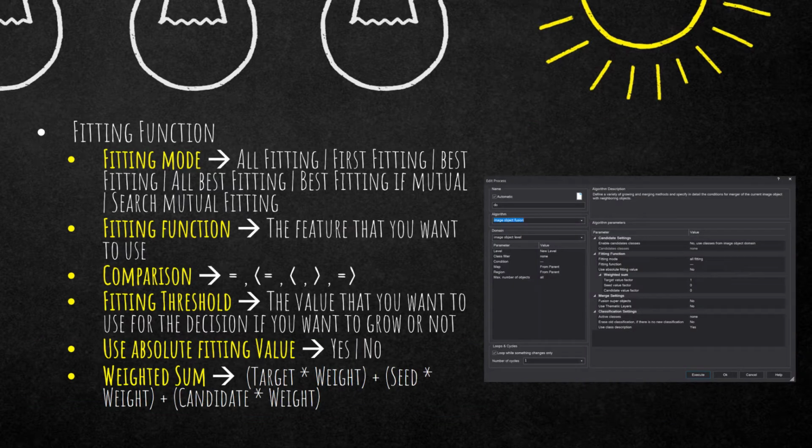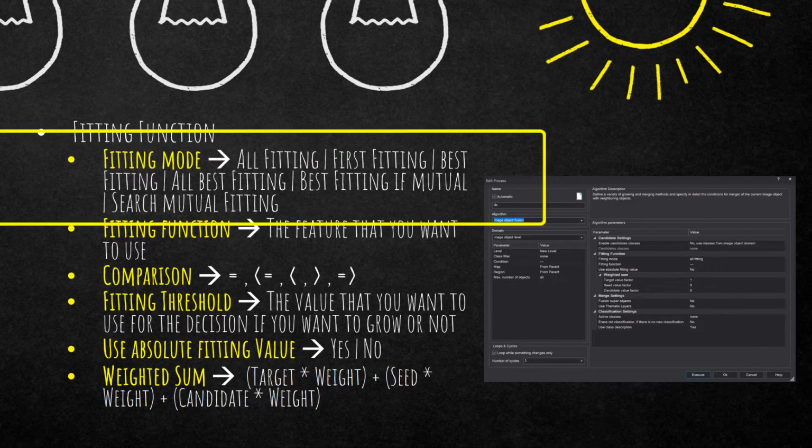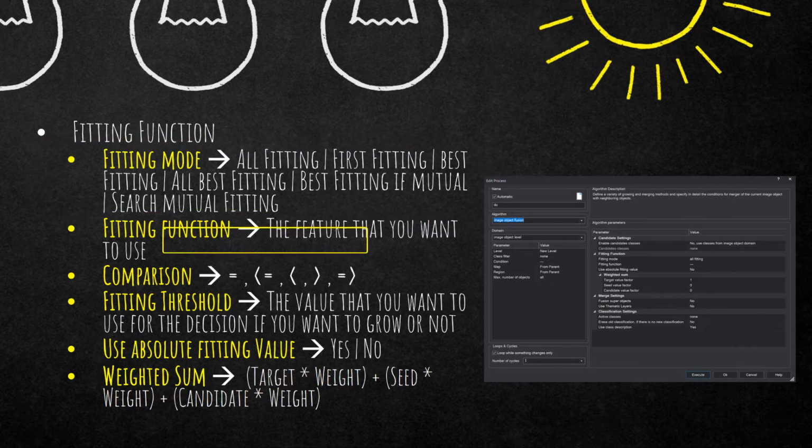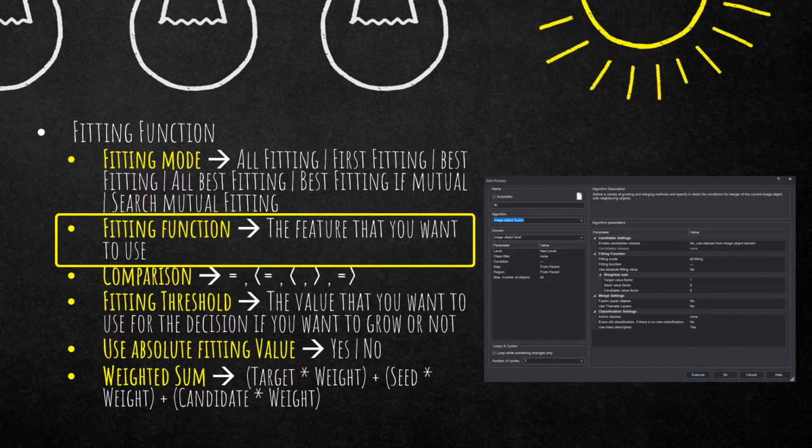So what settings do you have for the fitting function, which is the core of this algorithm? You have the fitting mode, which is or can be all fitting, first fitting, best fitting, or best fitting if mutual, search mutual fitting. So different fitting modes that you can choose based on your needs. Then the fitting function, that's a feature you want to use to merge or to define this definition.